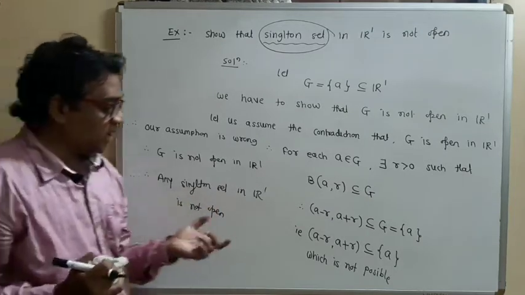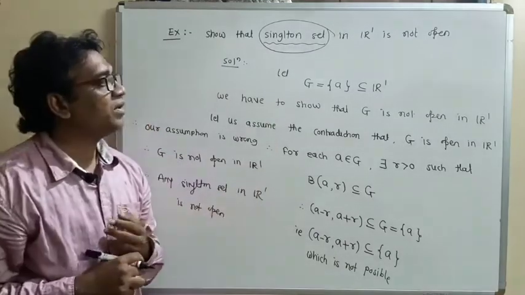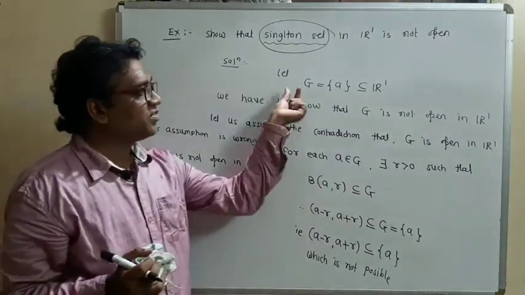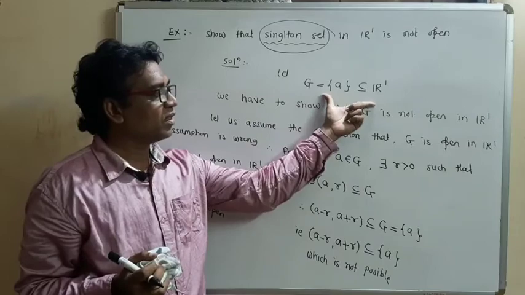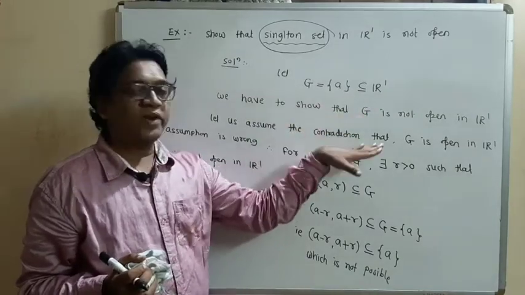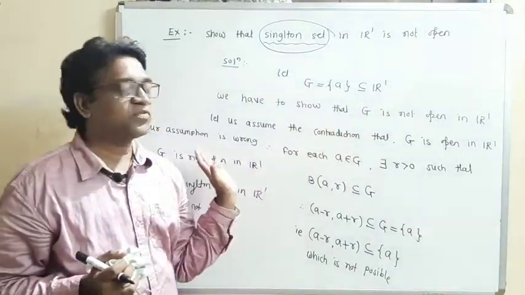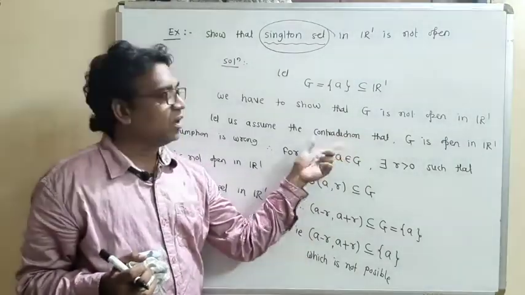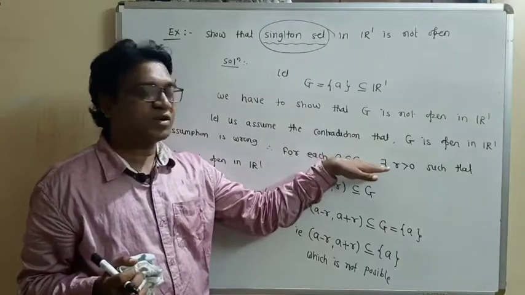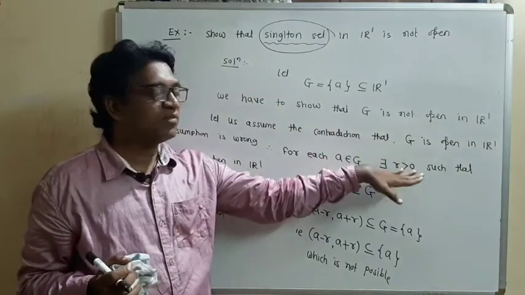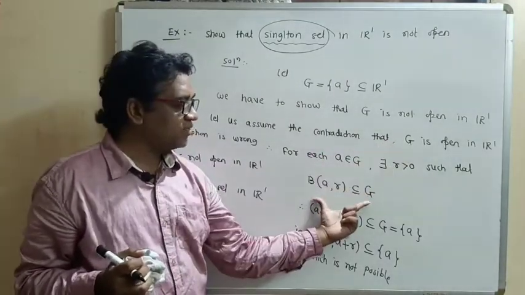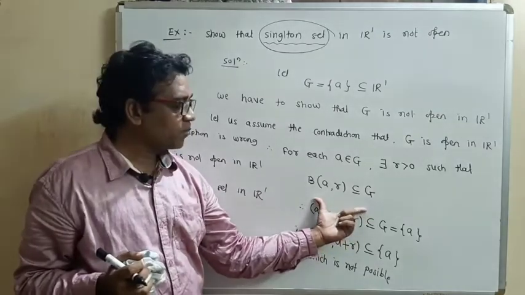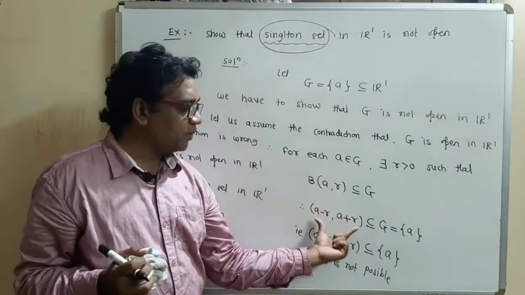So see how to show that a singleton set in R1 is not open. Just take G as a singleton set in R1. We want to show that this is not open in R1. This is a negative type of statement, so for a negative type of statement we use the method of contradiction. Contradiction means just take the opposite statement. Suppose that G is open in R1. Just use the definition of open set: every open sphere is nothing but an open interval.